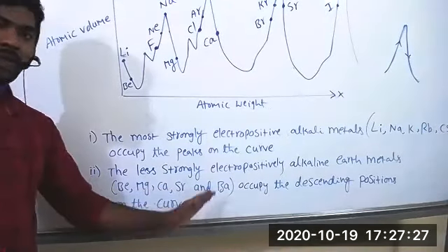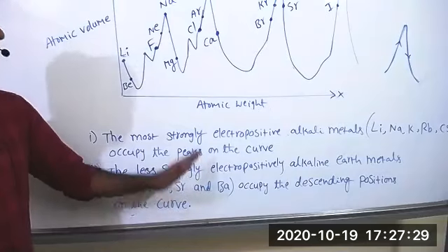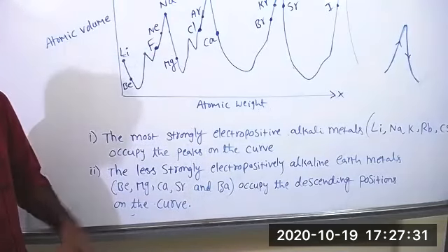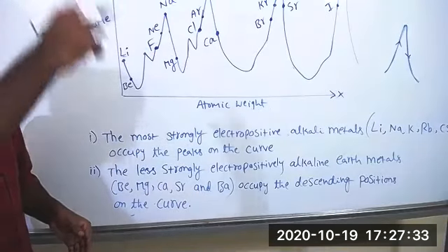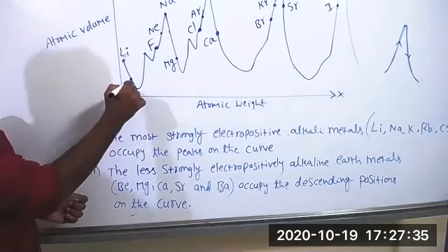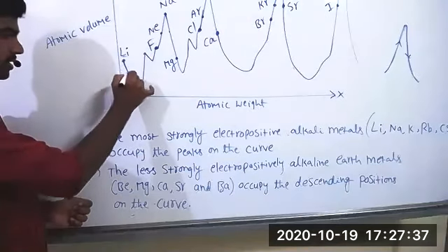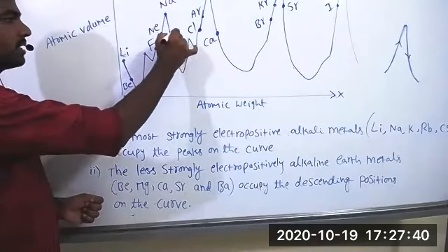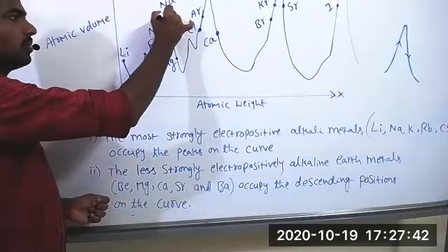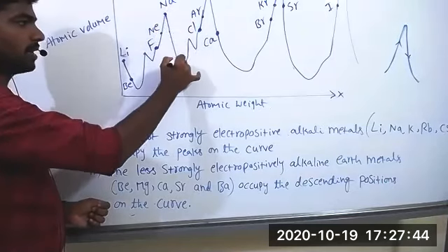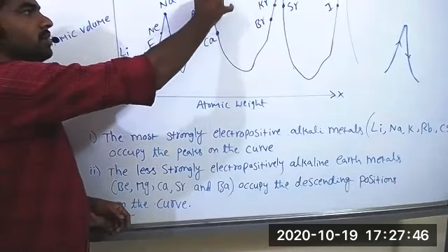These elements have similar properties. They occupy the descending positions on the curve, right? See the first one, beryllium, here in descending position. Next you can observe magnesium here also. Calcium occupies descending position in this curve.